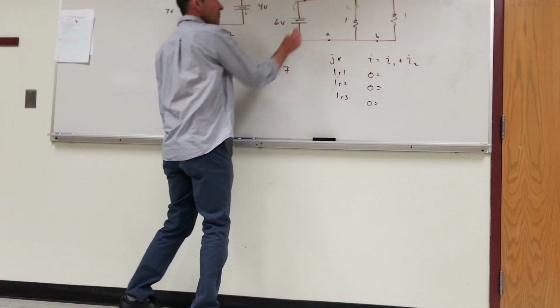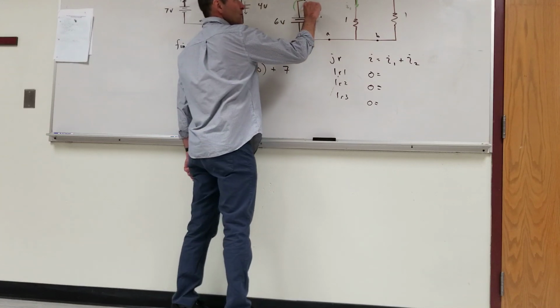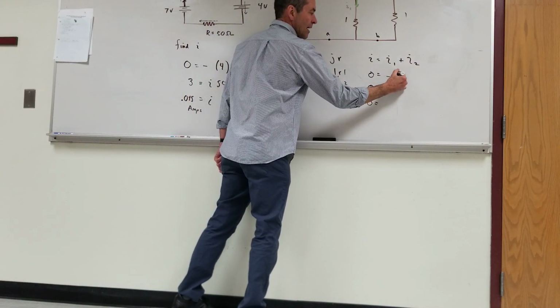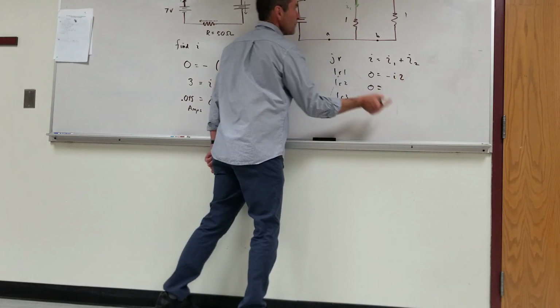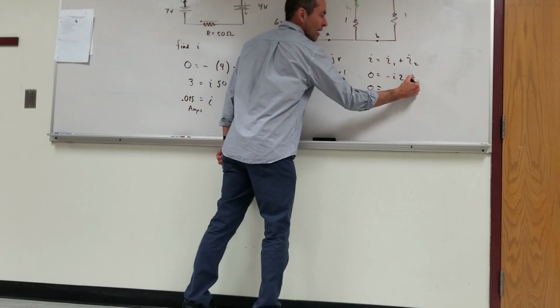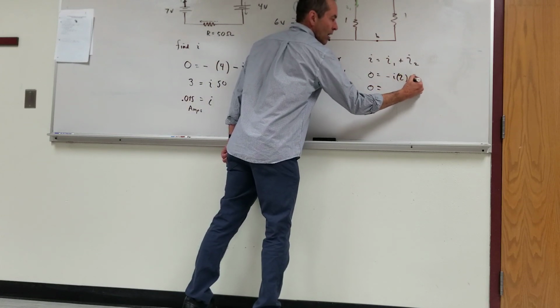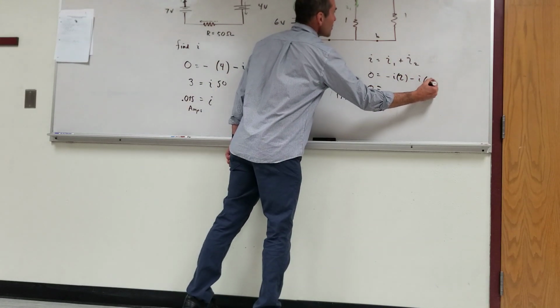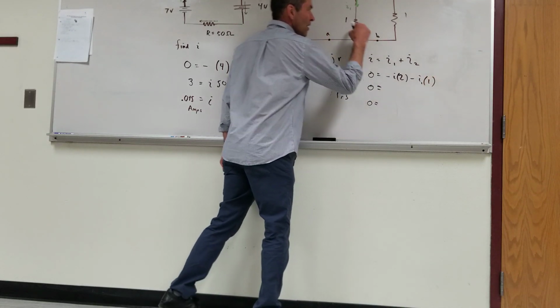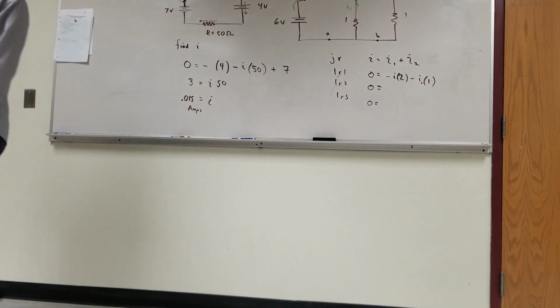I'll start right here. So I'm going to lose I times R, I times 2. I'm going to lose I1 times I1 times just a 1 ohm resistor right there, right?